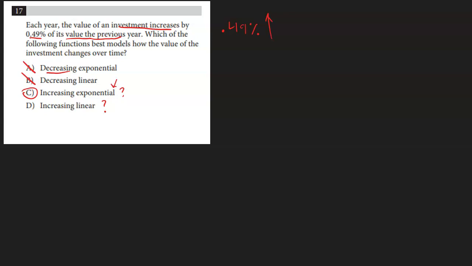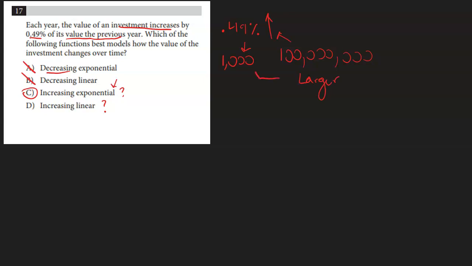But if you want to think about that a little more, imagine if you had $1,000 and it increased by 4.9%, or if you had $100 million and it increased by 4.9%. This would be a much larger increase.